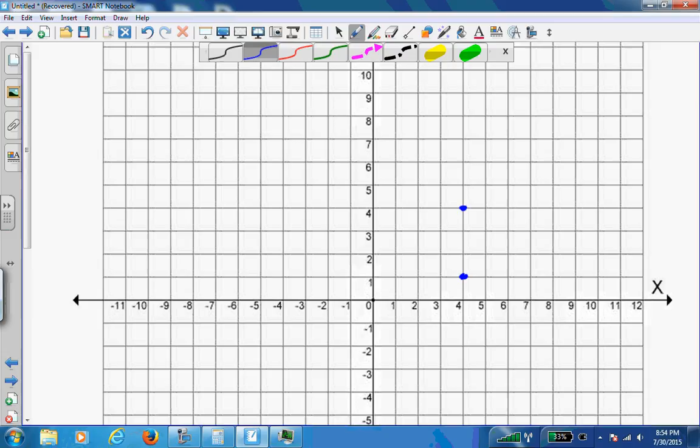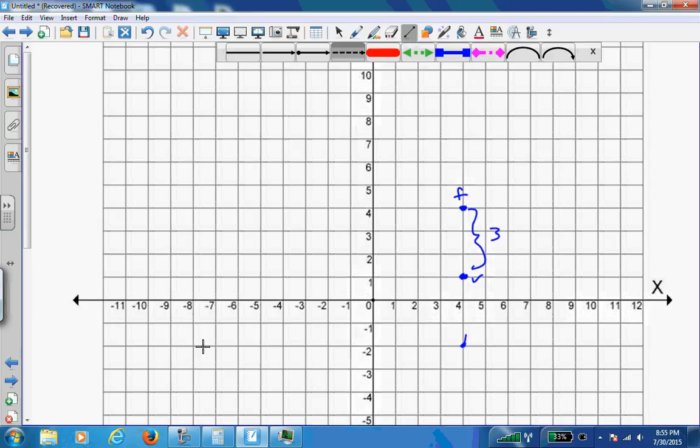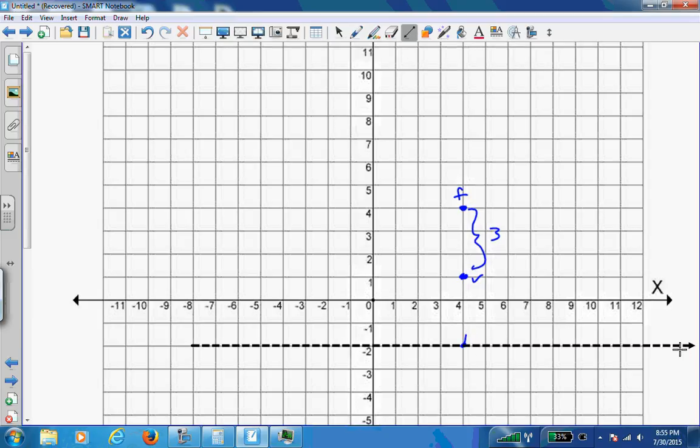So that means our p-value is 3. We'll label these vertex and focus. So if we're 3 units above the vertex, then we're going to be 3 units below it for the directrix. So our directrix will be here.